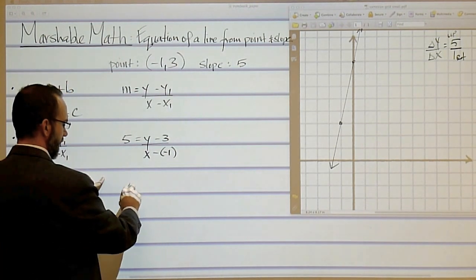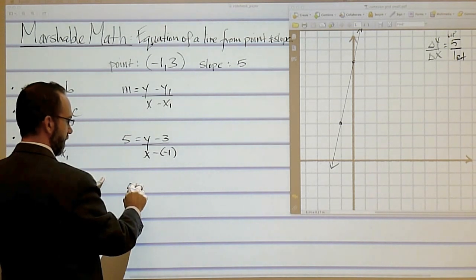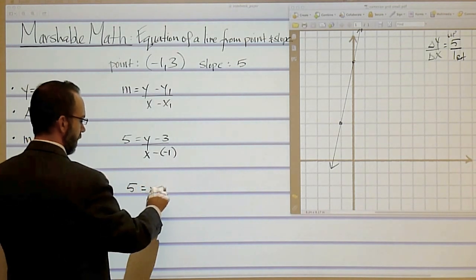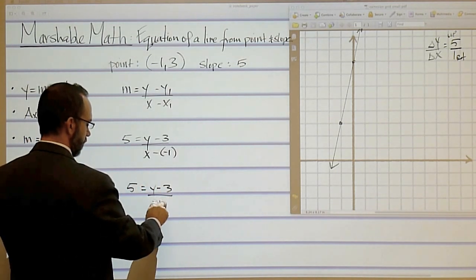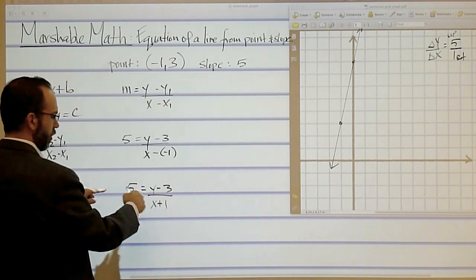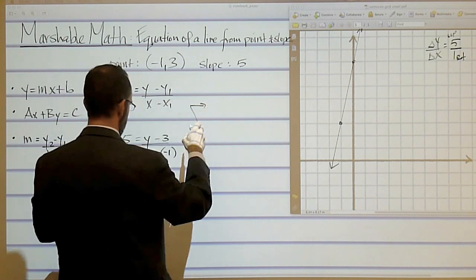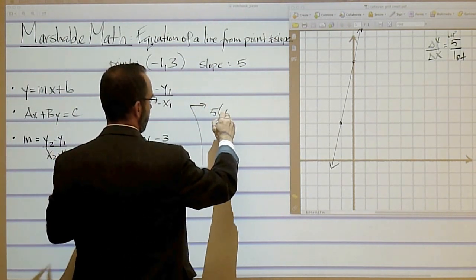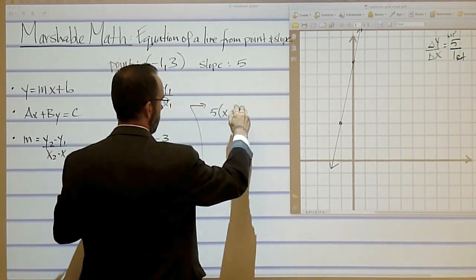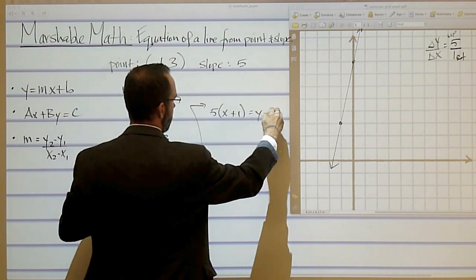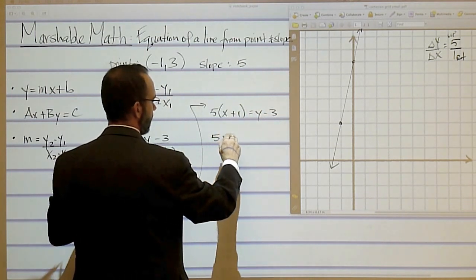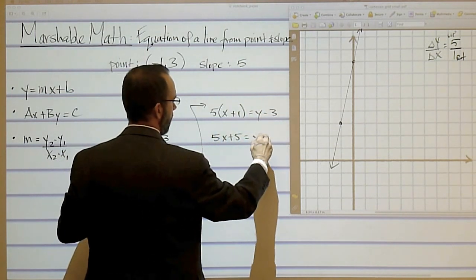again, let me simplify. 5 is equal to y minus 3 over x plus 1. Remember, if I multiply both sides here by x plus 1, I would get 5 times x plus 1 is equal to y minus 3. This would be 5x plus 5 is equal to y minus 3.